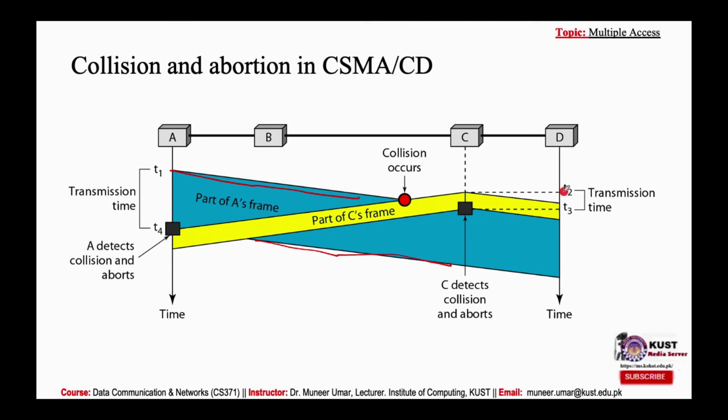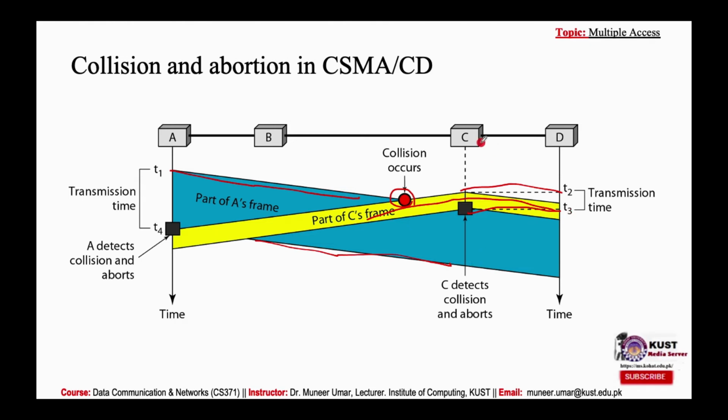At time T2 and time T3, the station C transmitted a bit of its frame. Now this one is for C. Now if you look, both these parts are colliding here somewhere between T2 and T3.